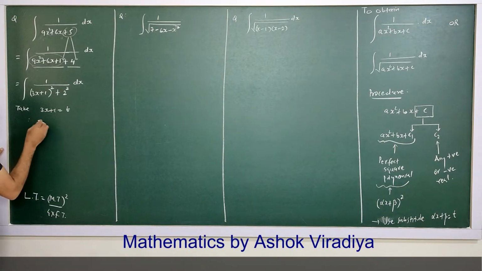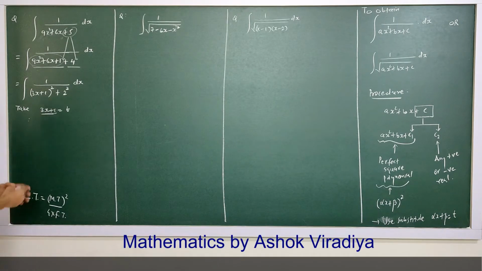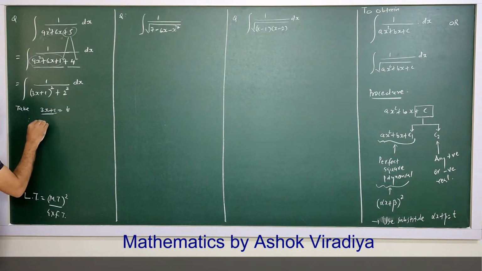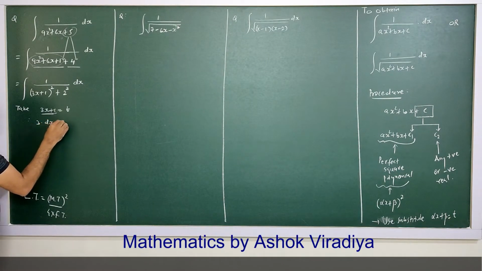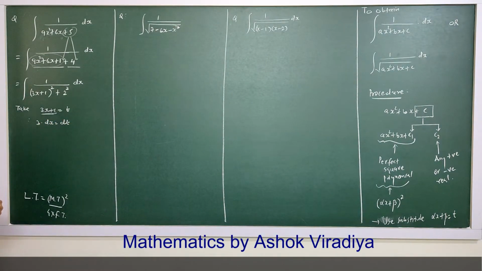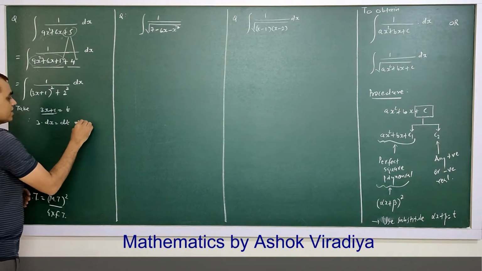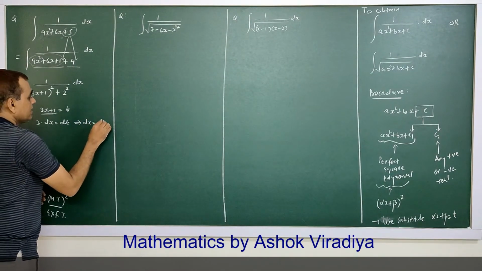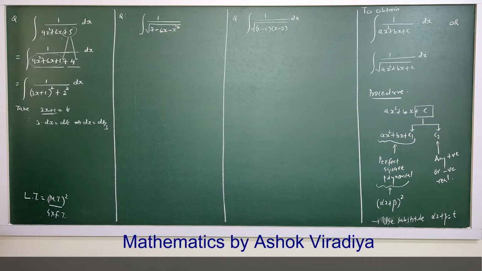Differentiating this with respect to x, the derivative of 3x plus 1 is 3, into dx is dt. So dx is dt by 3.